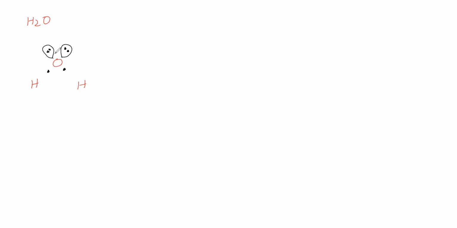Therefore, this valence shell contains 6 electrons, that we have written. It is making one bond with each hydrogen. Here, the bond angle is 104.5 degrees.